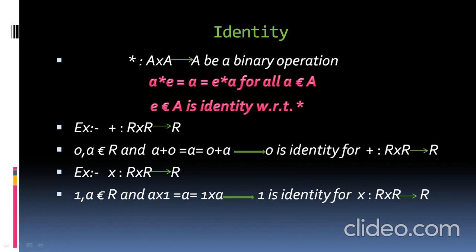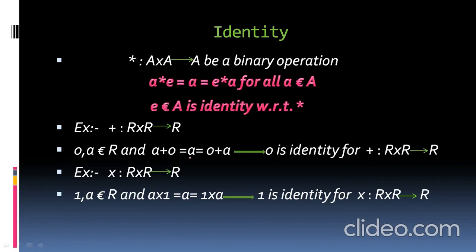Now consider the example. Now suppose addition. Consider addition from set of real numbers R cross R to R. Now here consider elements 0 and A. Both are real numbers, and if we add 0 to any real number, what we get is the same real number.